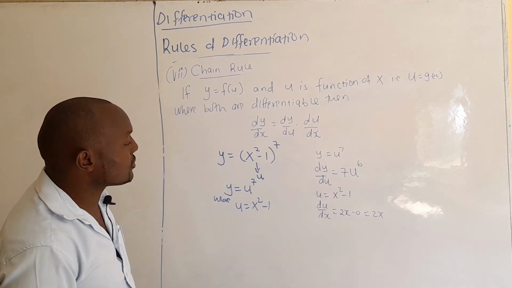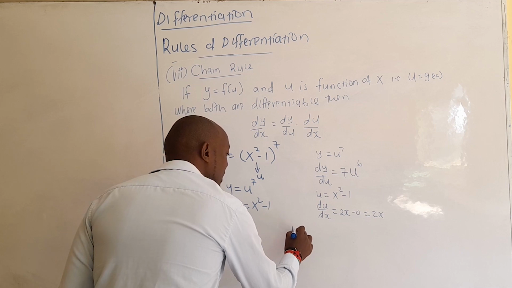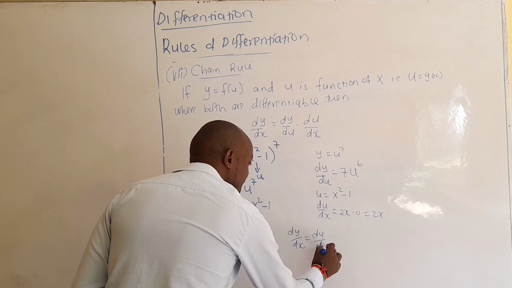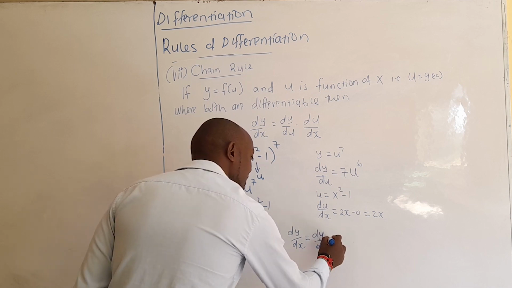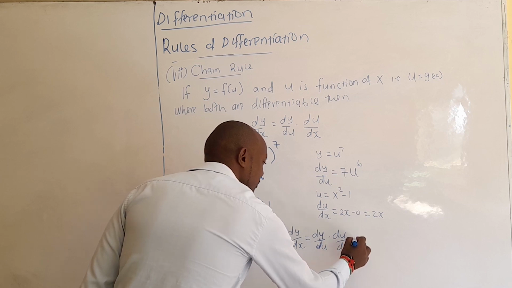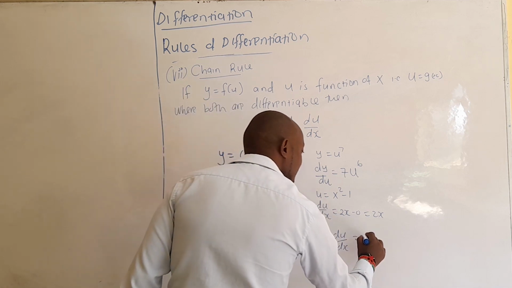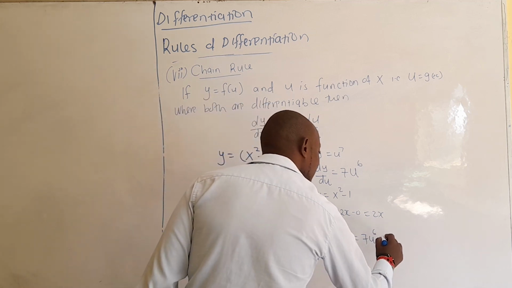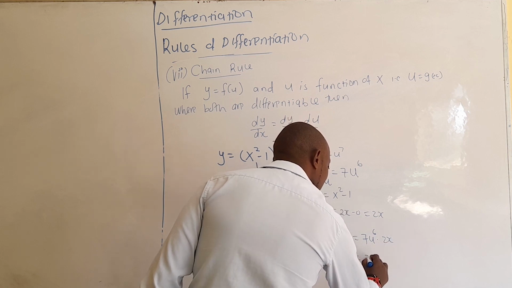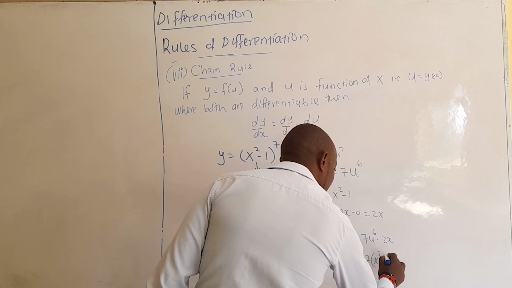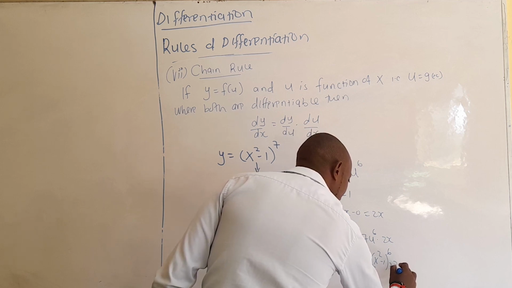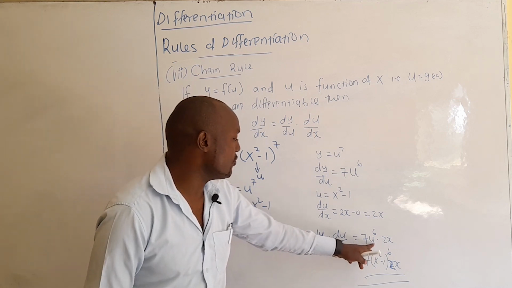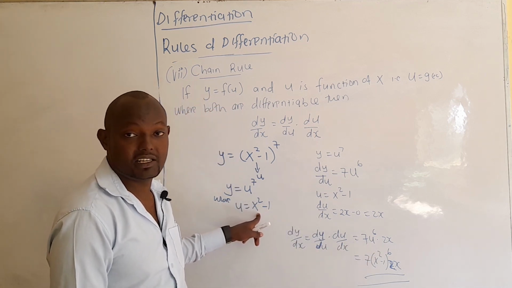So remember, we said my dy over dx will be equal to dy over du, change in y over change in u, times du over dx, change in u over change in x. My dy over du is 7u to power 6, times du over dx, which is 2x. So in this case, you have 7(x squared minus 1) to power 6 times 2x. And that's the answer, because we have replaced our u, which was x squared minus 1.